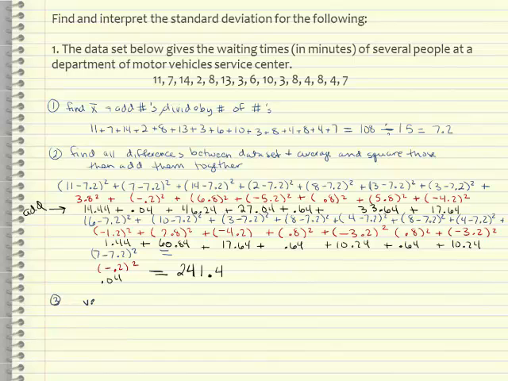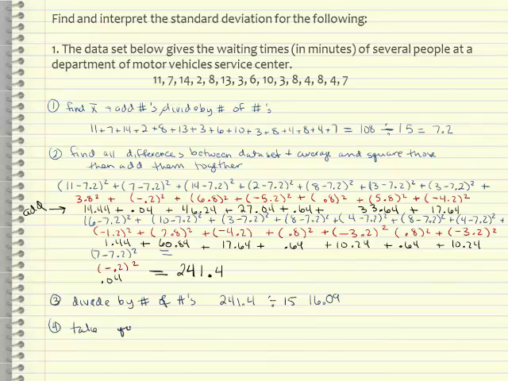Once I've got that sum, I divide by the number of numbers. Okay, so I'm going to take 241.4 and divide it by 15. And I get 16.09.